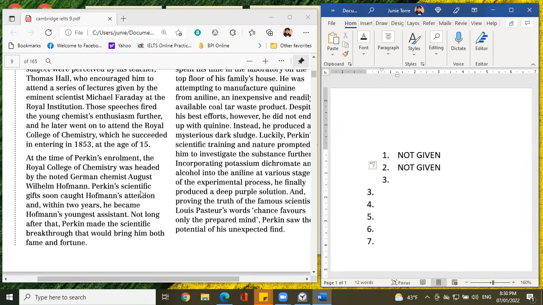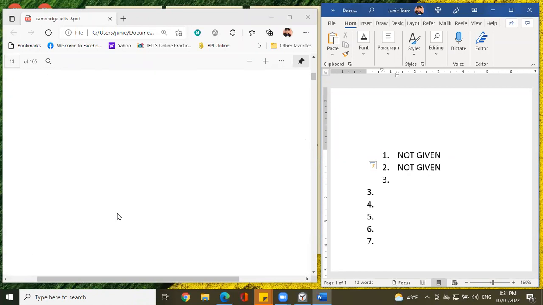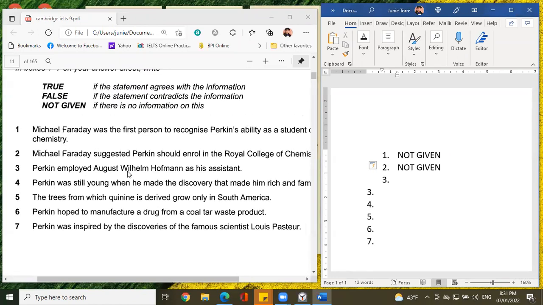Perkin's scientific gifts soon caught Hoffman's attention, and within 2 years, he became Hoffman's youngest assistant." So it's the other way around. It was Hoffman who employed Perkin. So that's a false for me. Okay, so number 4 might likely be true already. Not given, false, true.